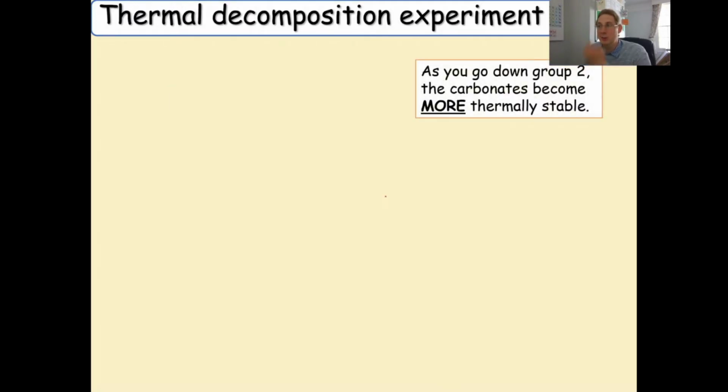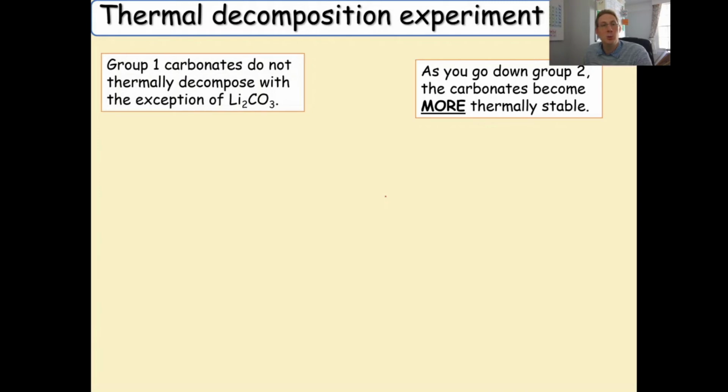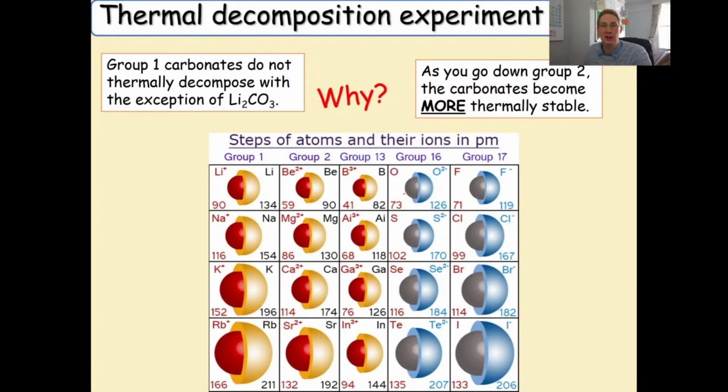Now we need to answer why. Why, as you go down group 2, do the carbonates become more thermally stable? Why is the same also true for group 1, such that only lithium carbonate decomposes and the others don't? Well, the reason is all to do with the size of the ion. If you have a look at beryllium and magnesium, these are small ions with a 2+ charge.